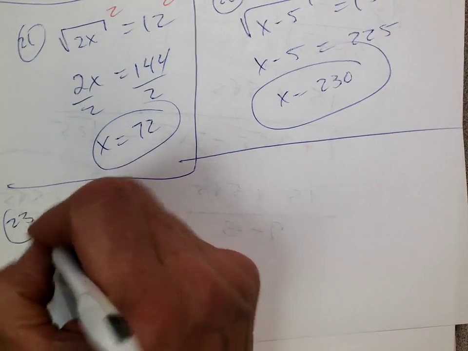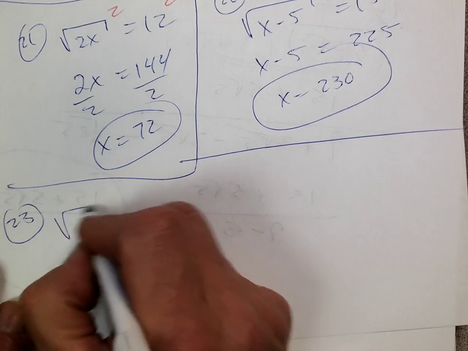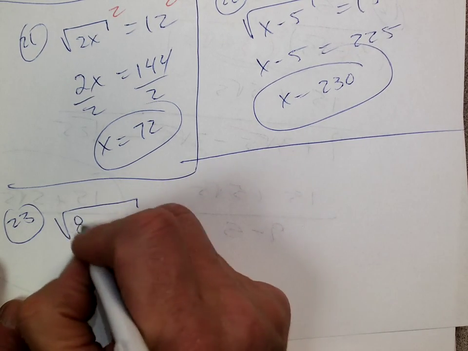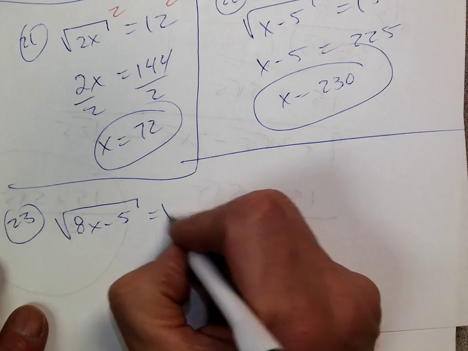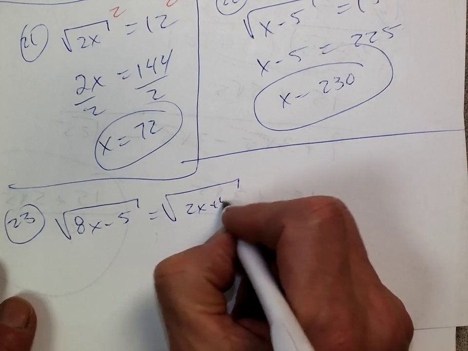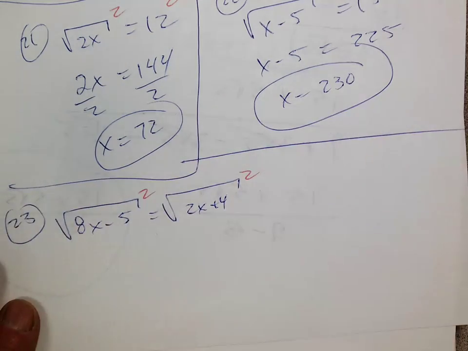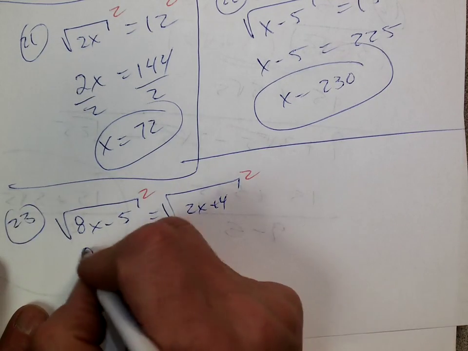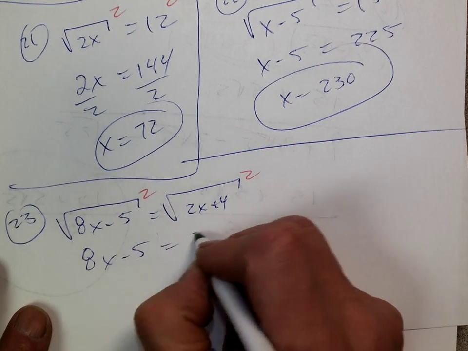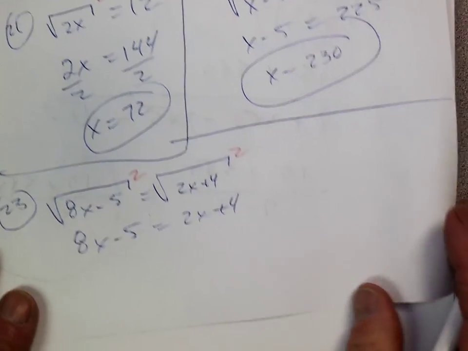23. We've got the square root of 8x minus 5 equals the square root of 2x plus 4. Square both sides, right? Got 8x minus 5 equals 2x plus 4.